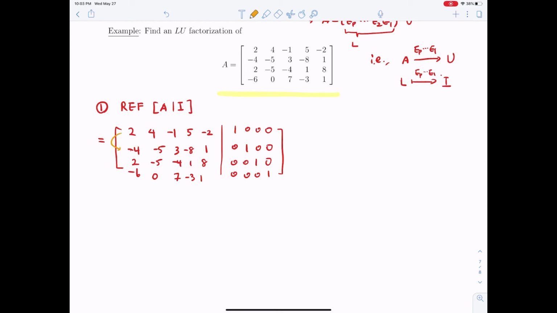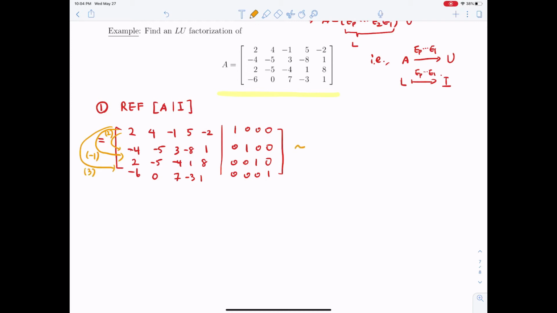For example, you multiply the top row by 2 and add that to the second one, multiply by -1 and add that to the third one, and multiply by 3 and add that to the last one.